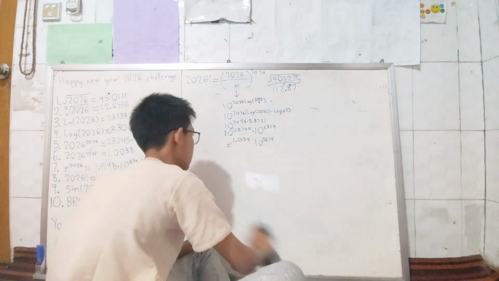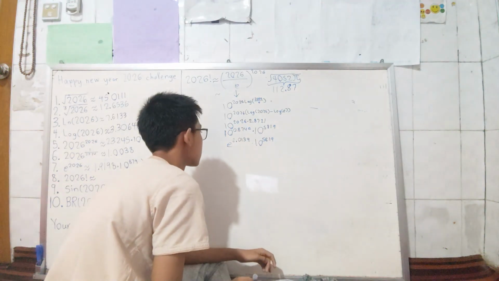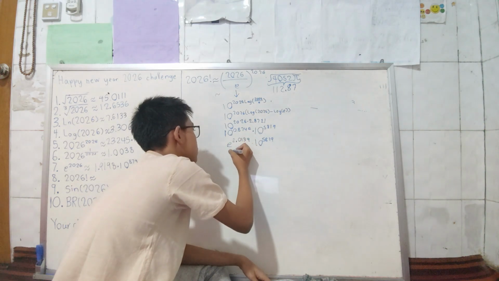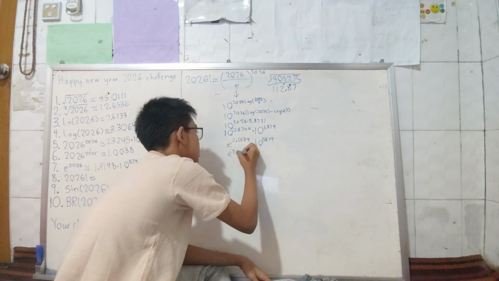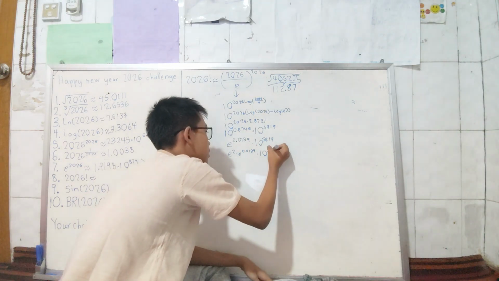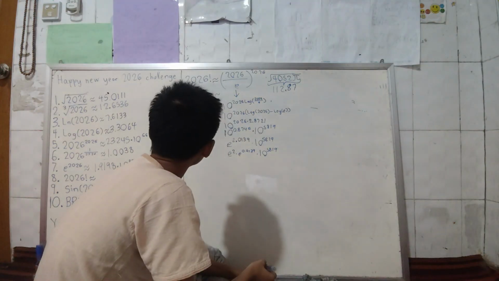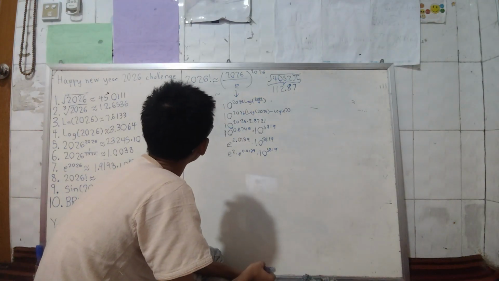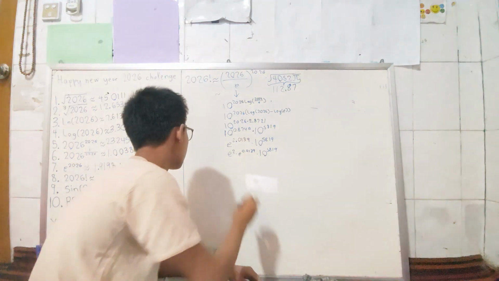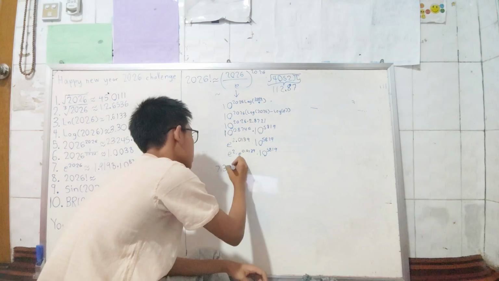And then, well, e to the 2 times e to the 0.0139 times 10 to the 5819. So that is going to be, well, 7.389.